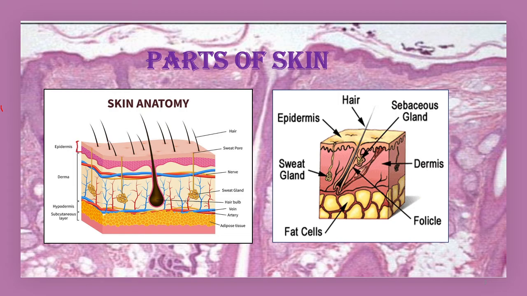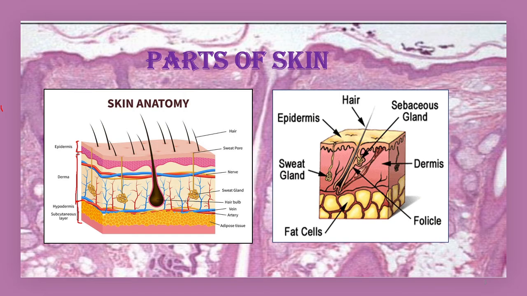It is the epidermis, and below that a very large area is the dermal layer, and below that is the hypodermis, the subcutaneous layer. So the skin has 3 basic layers: the epidermis, the dermis and the hypodermis.